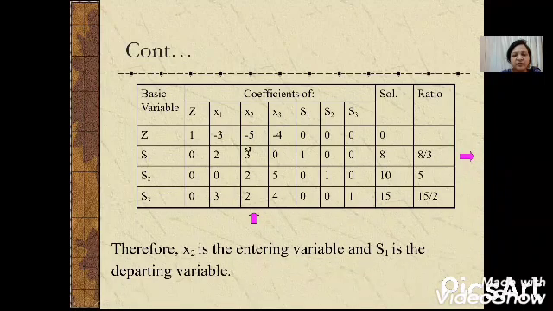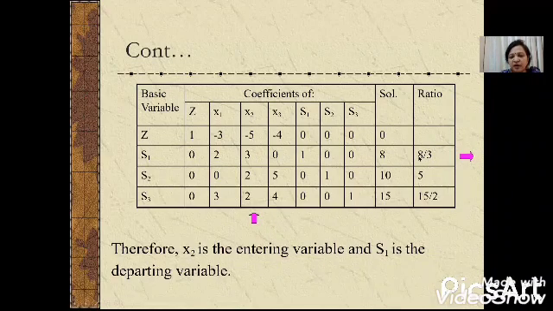Now from the first table we can see that in the Z row the coefficient of x2 is the most negative. So here x2 is the entering variable, and when we obtain the ratio of the solution column to the entering variable column, we can see that the ratio corresponding to s1 is the minimum.